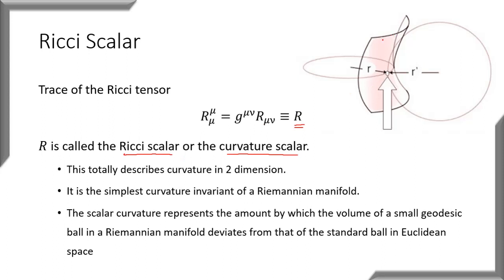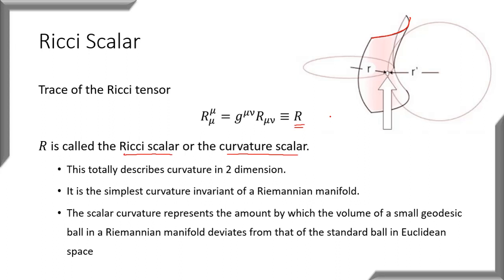When you have a manifold in 2 dimensions, the curvature at any point can be found by just drawing a sphere over there and finding the curvature of that sphere.